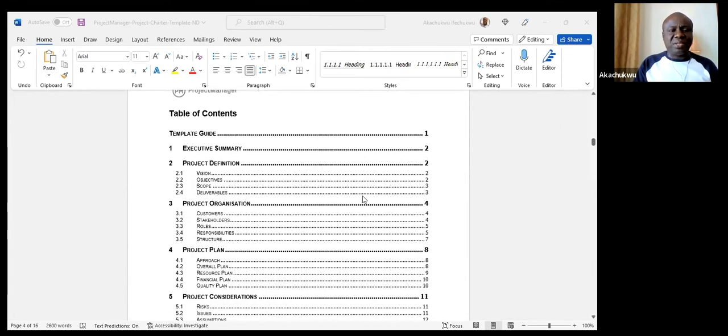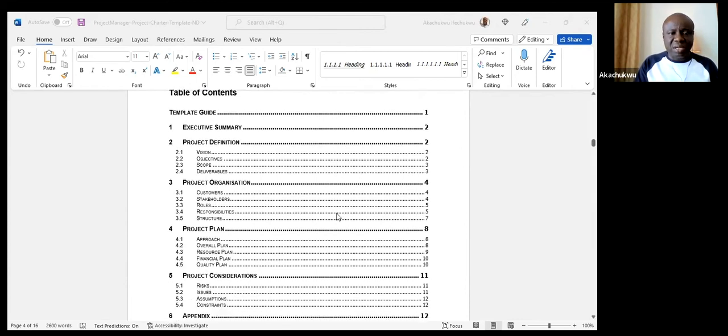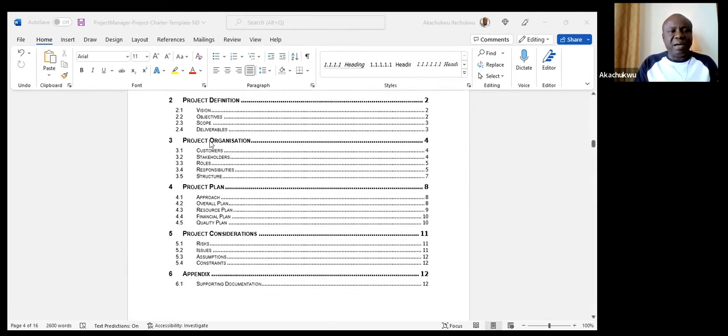So if you look at this document, you can see all the various sections. You have the executive summary, like I mentioned, and the project definition, which looks at the vision, the objective, scope, and deliverables. Project organization will look at who the customers are, who the stakeholders are, the roles and responsibilities of these stakeholders, and the team structure.